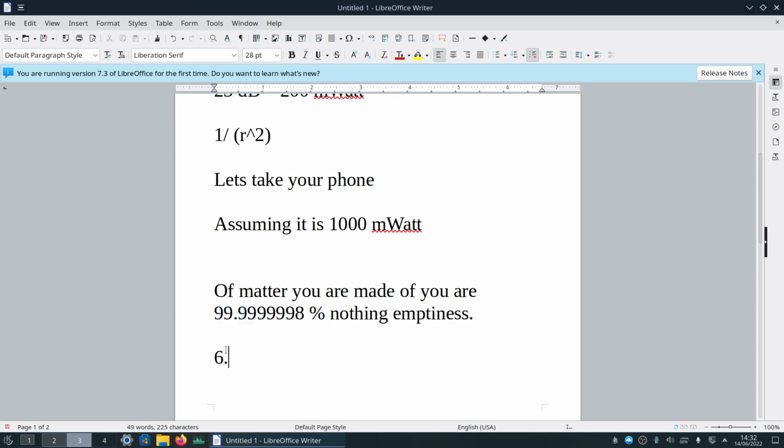It requires 6.0 times 10 to the power of 23 atoms to block a photon, for example. That is incredibly many, you might think, but it is not much: a 6 with 23 zeros.